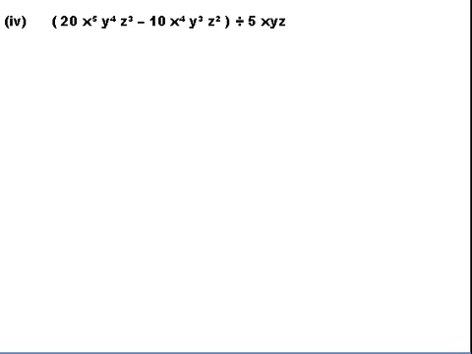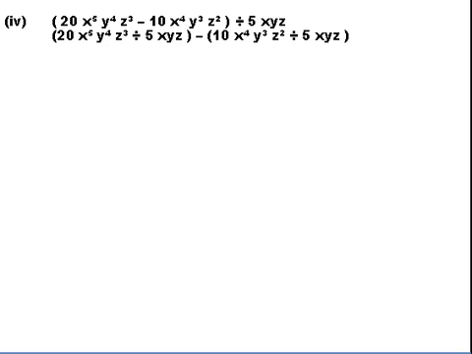Moving ahead with the fourth part of the same question, again we have a binomial being divided by a monomial. Each term of the expression will be divided by the divisor. So I am rewriting it as the first term of the expression divided by the divisor minus the second term of the expression divided by the divisor. Remember, the sign in between the brackets, if you see, is minus.